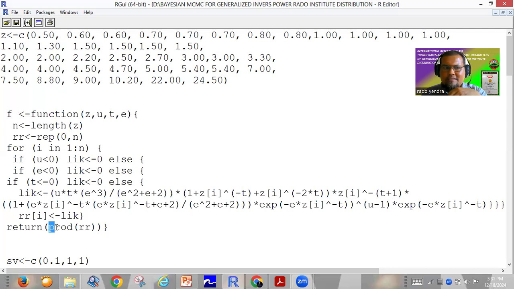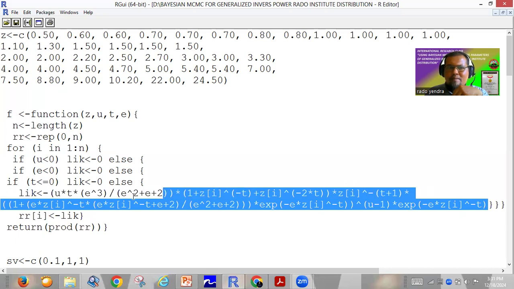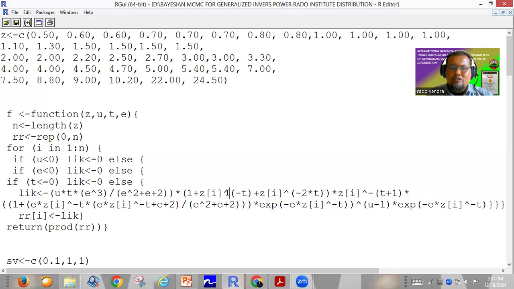Prod means that we multiply until n, the number of data points, so we use prod. RR is the density function of the generalized inverse power Rado Institute distribution.